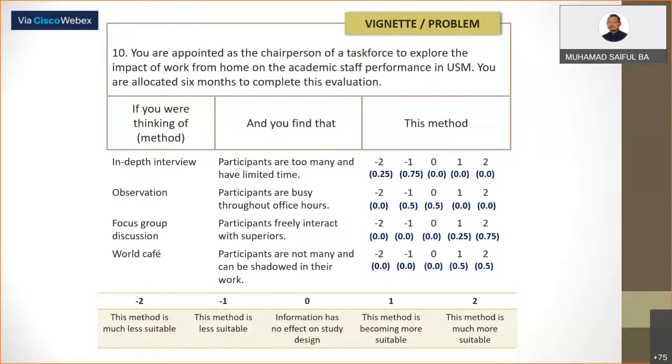Even though they only need to choose one best answer, the processing of the information requires more. So we give 2 minutes per SBA. For the script concordance, so far we have not yet implemented it in USM Medical School, or in any medical school in Malaysia. But from other practice, they give the maximum time, which is usually 3 minutes, because of the processing of the information.